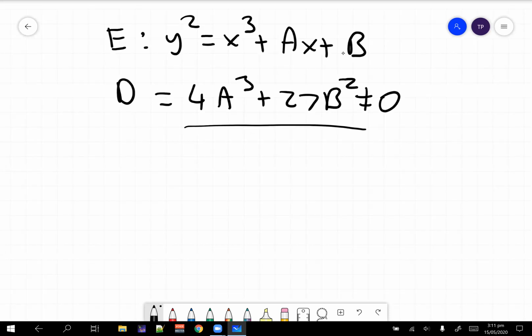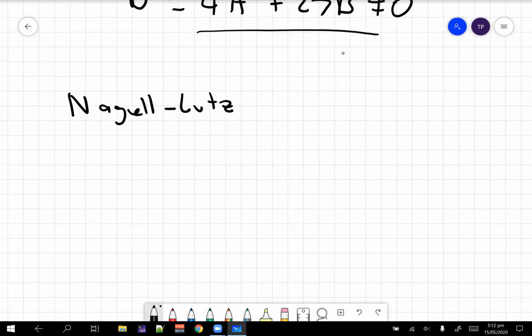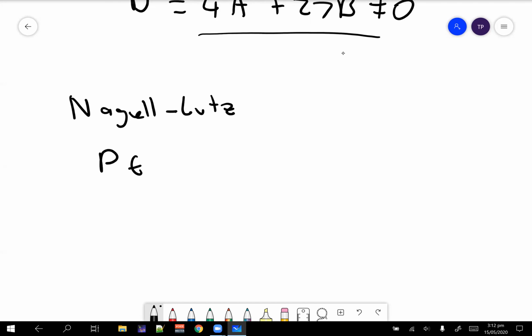So I want to first state what the Nagell-Lutz theorem is. Given an elliptic curve of this form E given by y squared equals x cubed plus ax plus b with a non-zero discriminant, we let a point P be on the elliptic curve over the rationals, and then we write P to be x comma y, so we can assume it's not the identity.